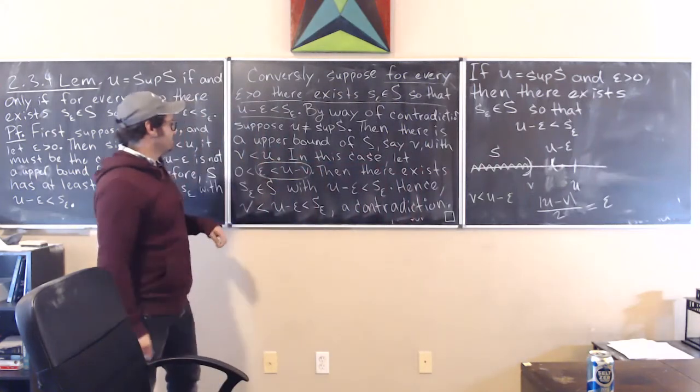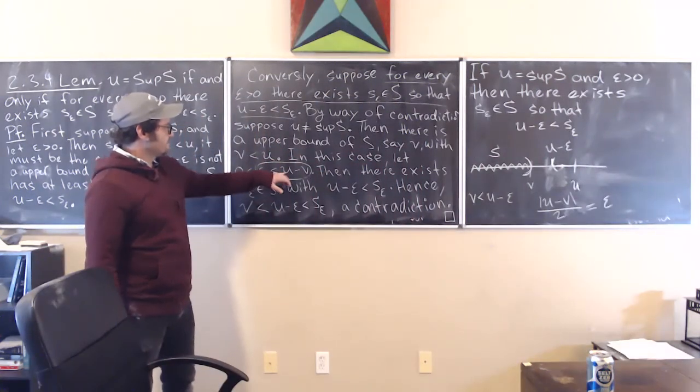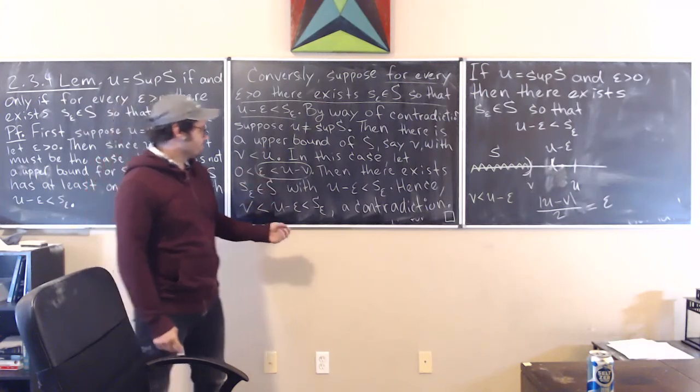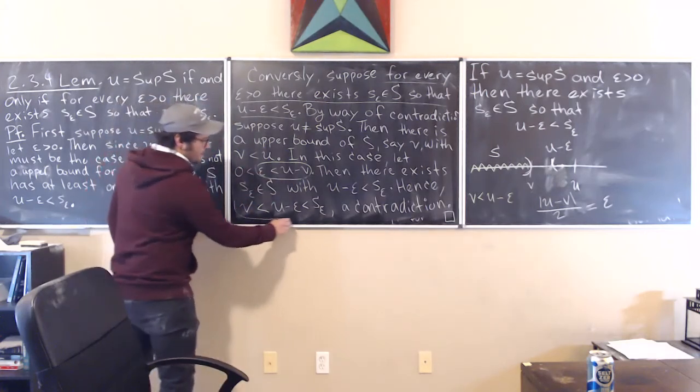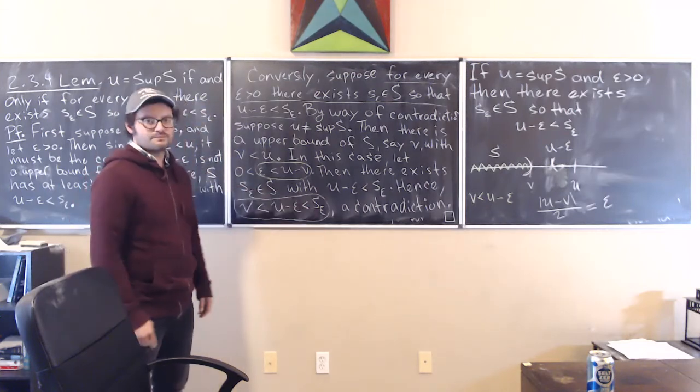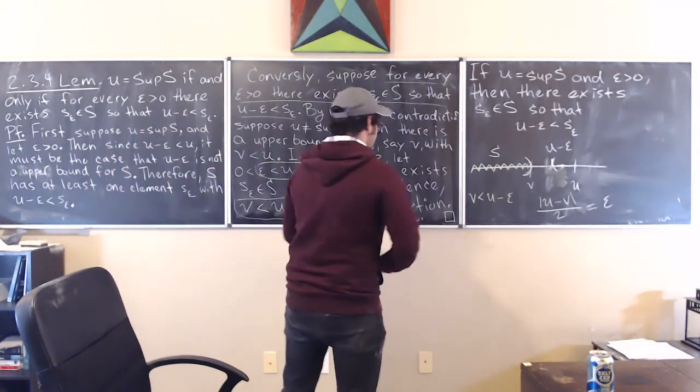If V was less than U, then if I pick epsilon less than U minus V, then we get immediately that V could not be an upper bound because it's less than that thing, and that's an S. That's the contradiction.